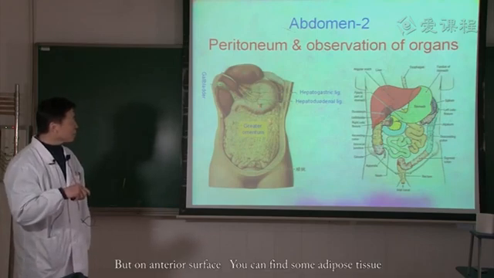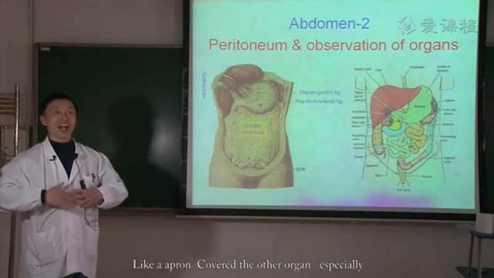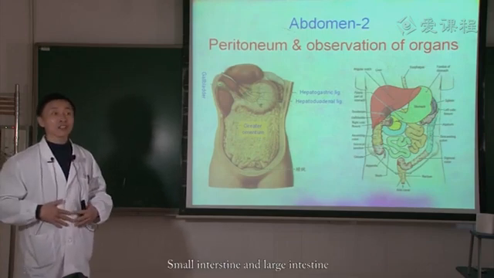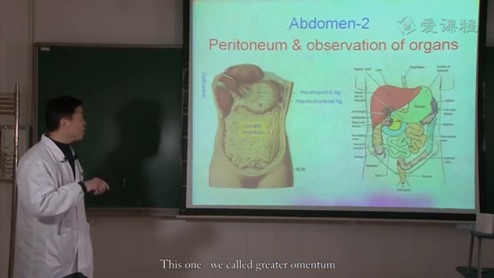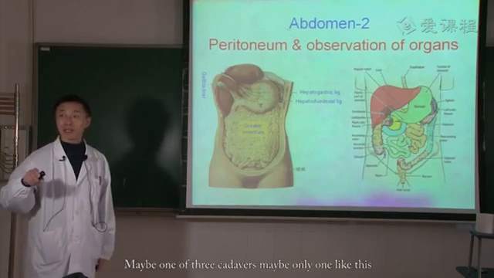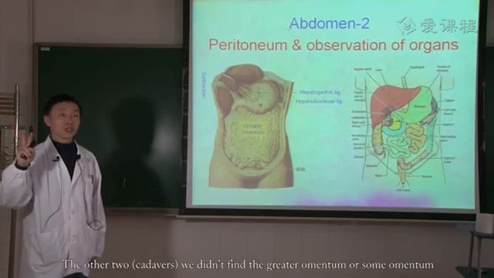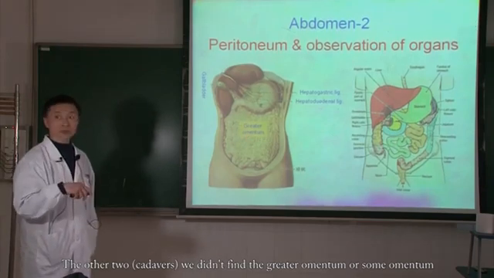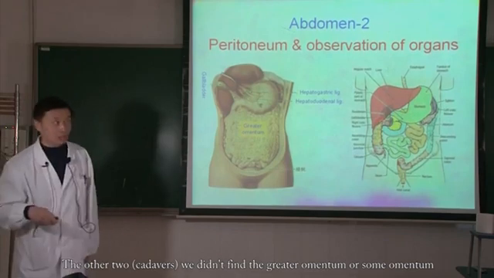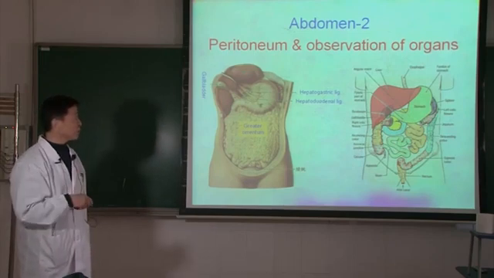But on the anterior surface, you can find some adipose tissue, like an apron, covering the other organs, especially the small intestine and large intestine. This one we call the greater omentum. Maybe only one of the three is like this. But in the other two, we don't find the greater omentum or lesser omentum. Usually, if the cadaver is healthy, it should be like this.